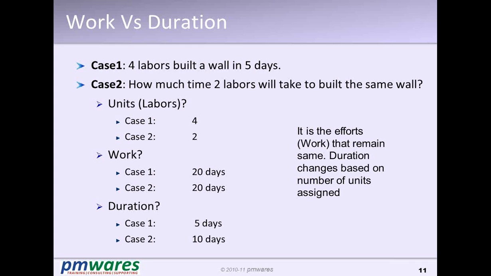If the team which is working on the project is in direct control of me, I have direct control on the team, at that time I am bothered about efforts, because people are spending their time, and that is efforts basically. But if I am not in direct control of the team, then I am really bothered about duration, because I cannot control efforts, because the team is not in my control.